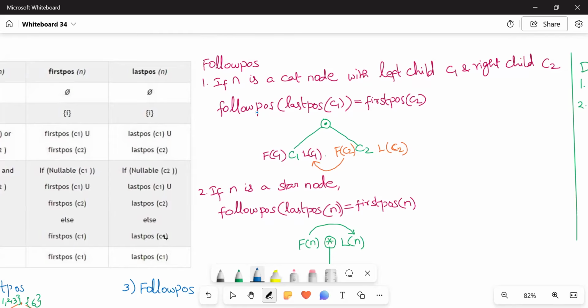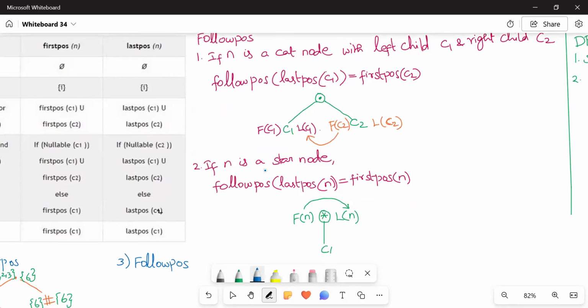So to find follow position of last position of C1, it is equal to first position of C2. So first position of C2 must be applied to follow position of last position of C1. Similarly, if n is a star node, this node is n here.